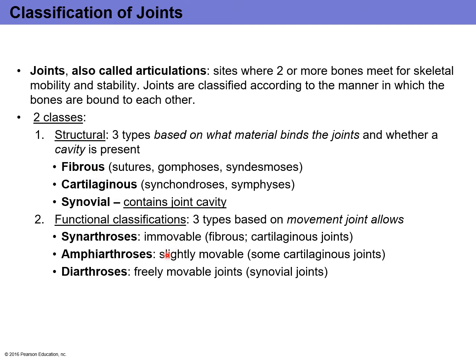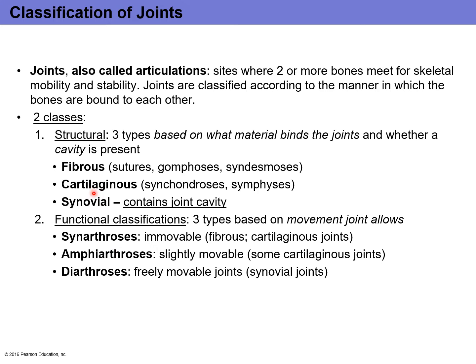There's not much room for movement there between those 2 bones. So that leads us to our three types of functional classifications. Synarthrosis or synarthroses. Again, this is going to be an immovable joint. So fibrous joints are classified as synarthroses most of the time.